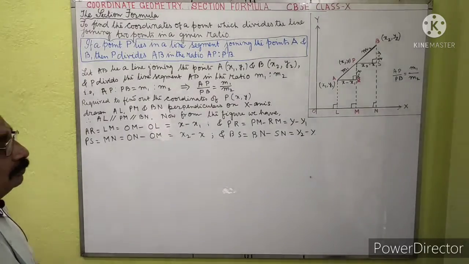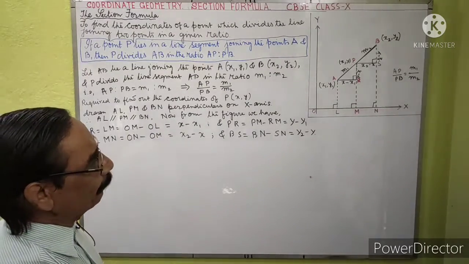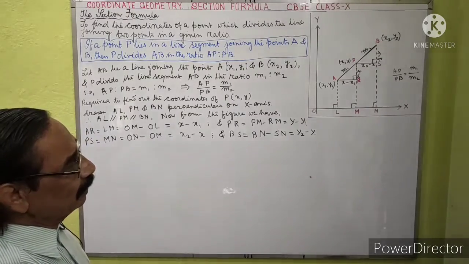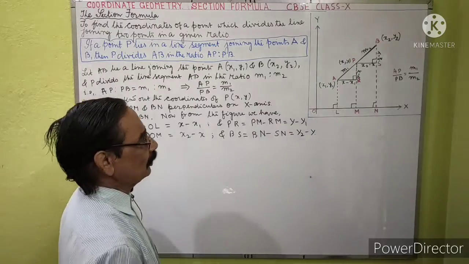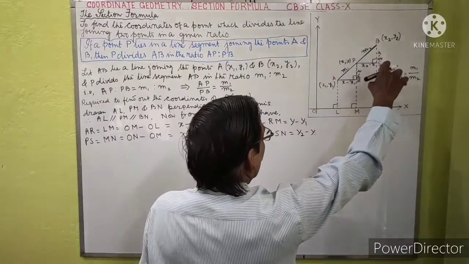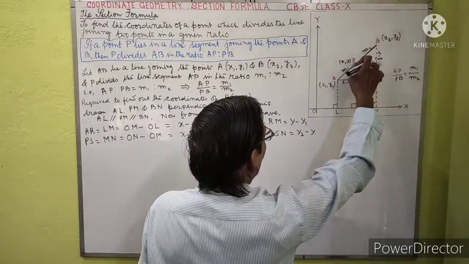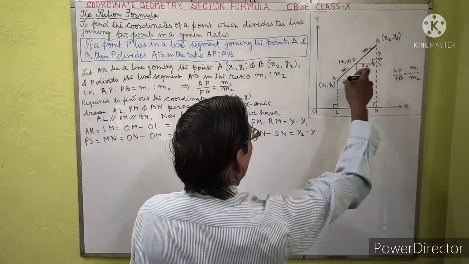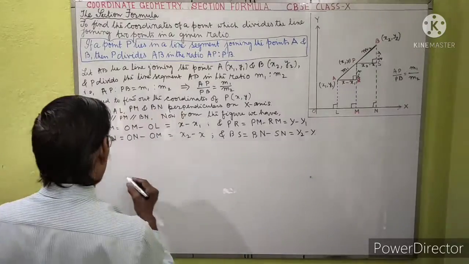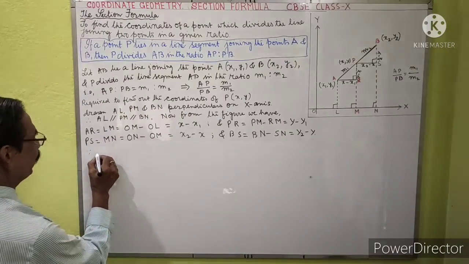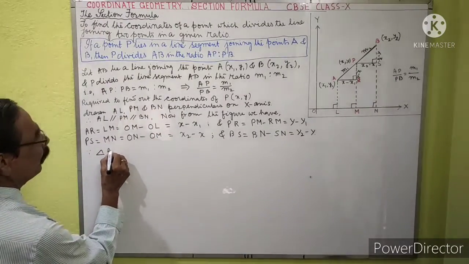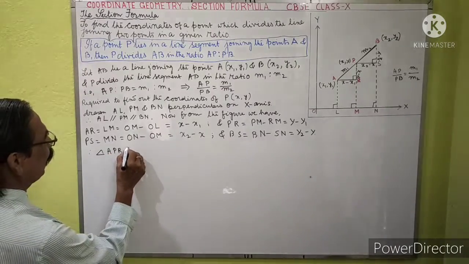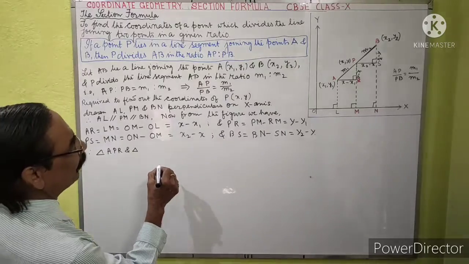Just see now that triangle APR and triangle BPS are similar, because AR is parallel to PS and AB is a straight line.